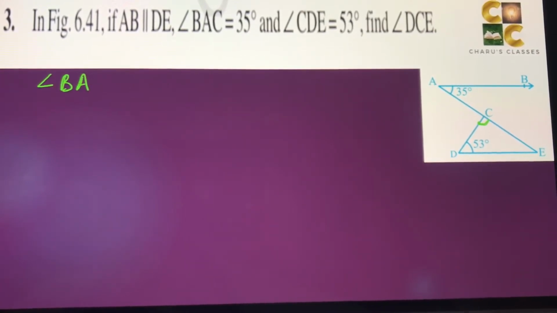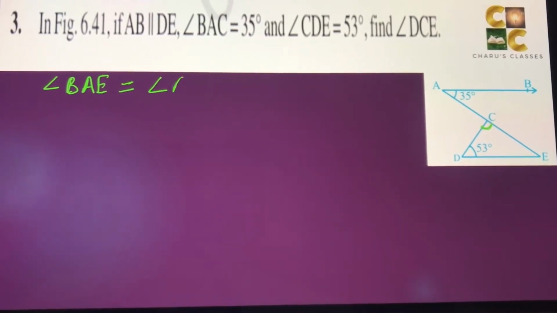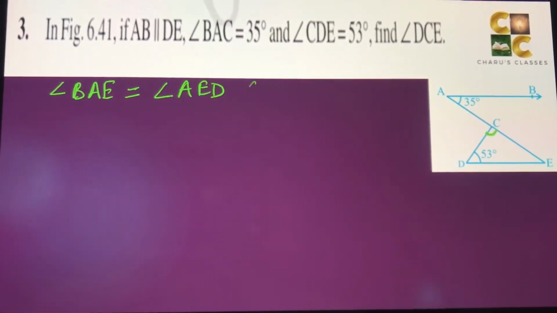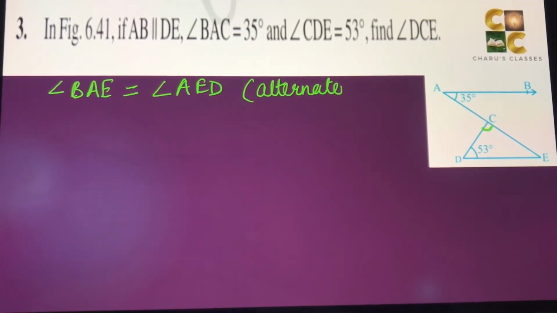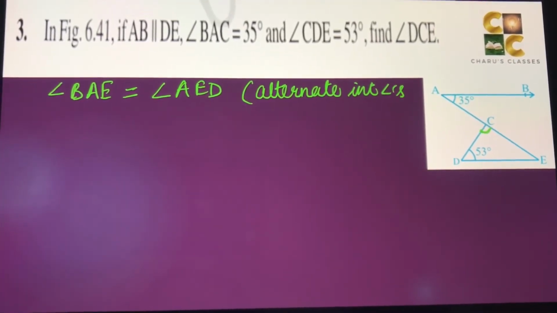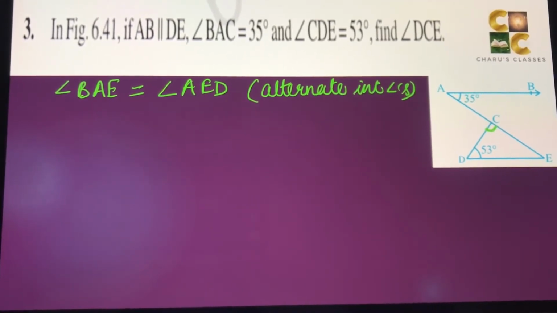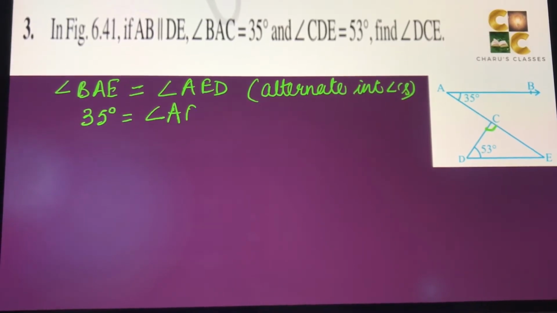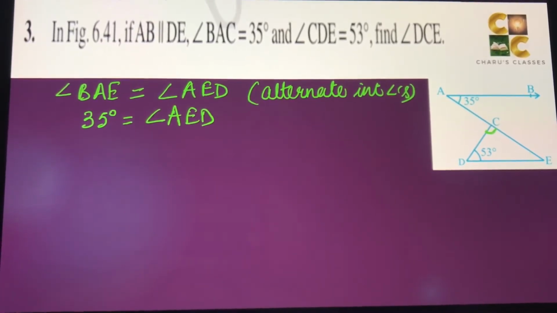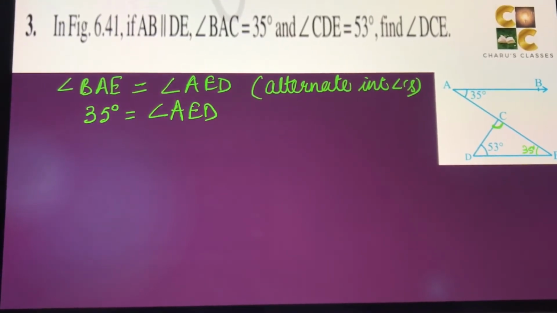So angle BAE will be equal to angle AED because they are alternate interior angles. So which means my angle BAE, if this is 35 degrees, that means my angle AED will also be 35 degrees. So this angle has come as 35 degrees.